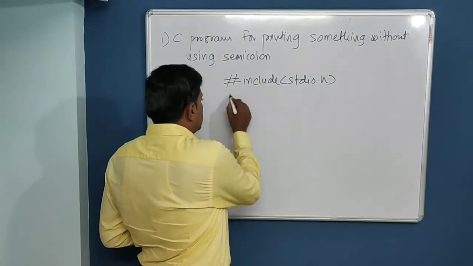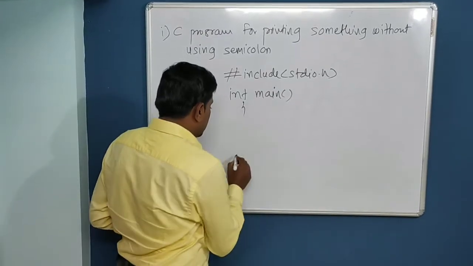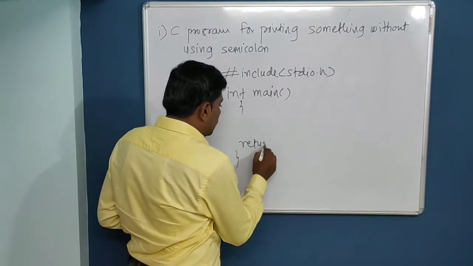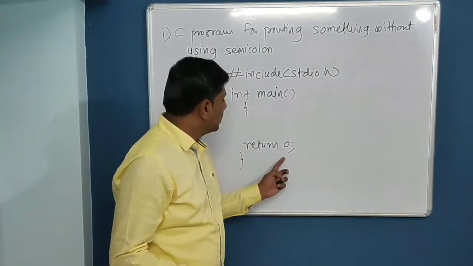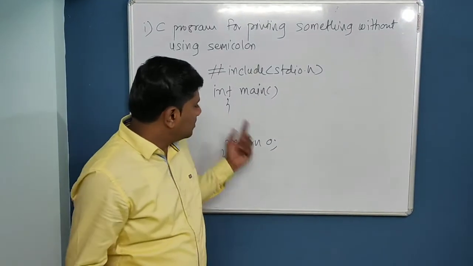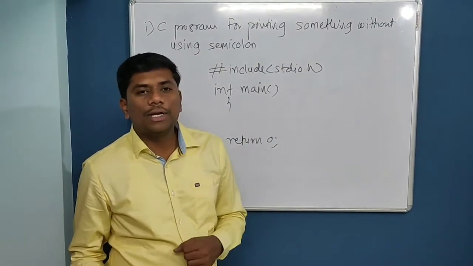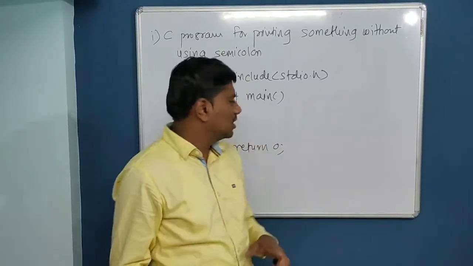Now if I use int main here, then you know that return 0 is compulsory, and if you use return 0, then there is a semicolon. This is the standard way of writing a C program, int main and return 0, as per Dennis Ritchie's suggestion.